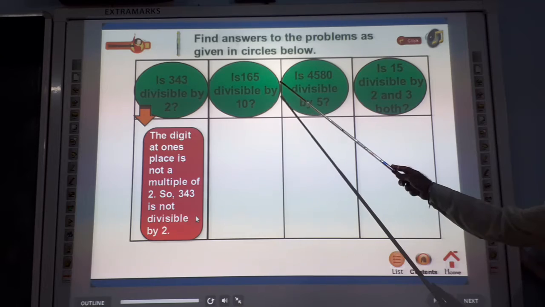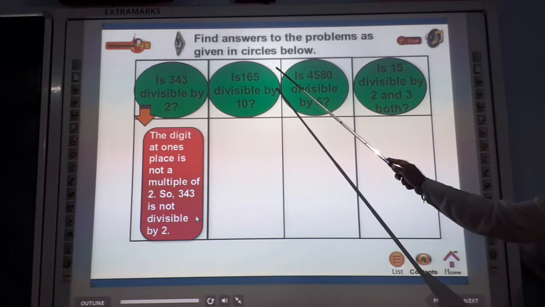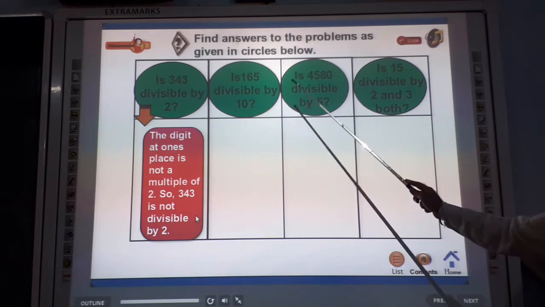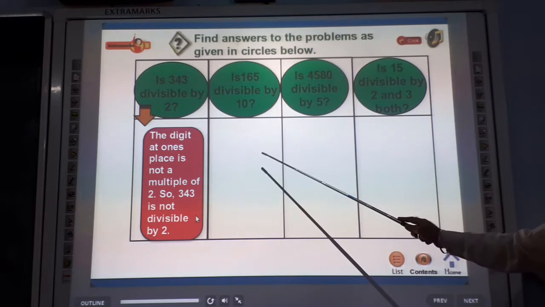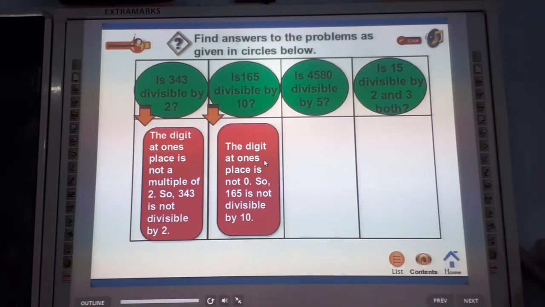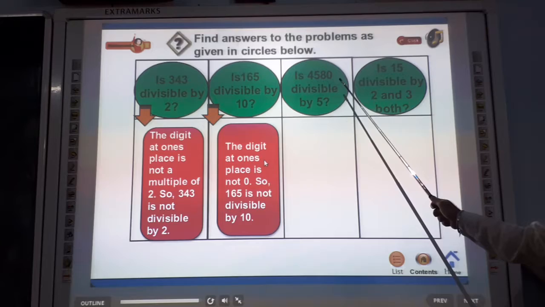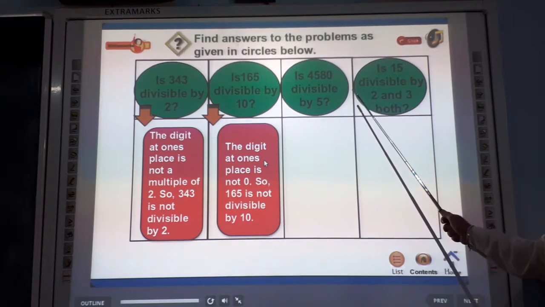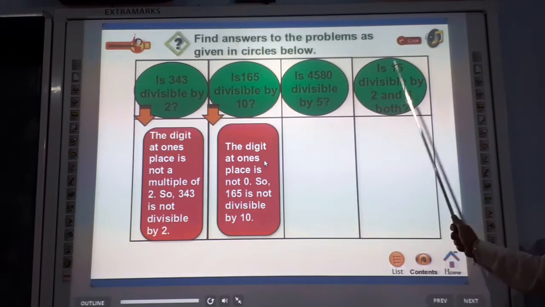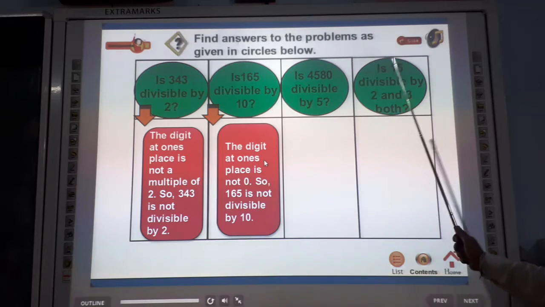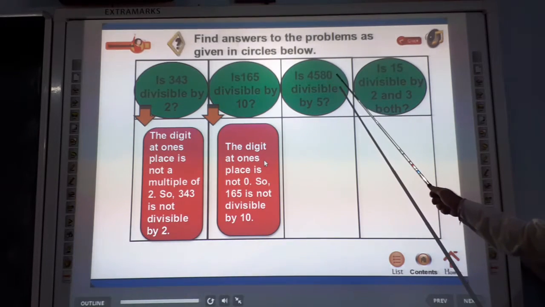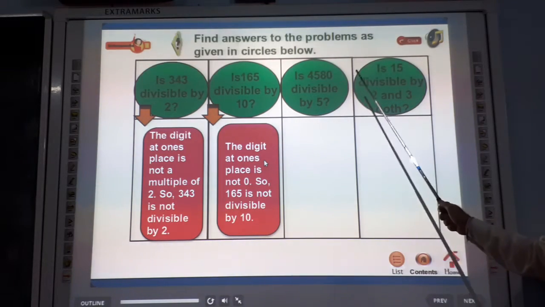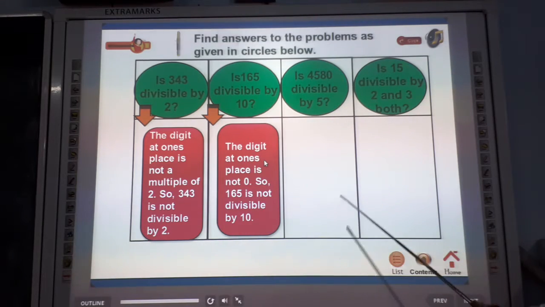Now, 165 divided by 10, the unit place is not 0, so again it is not divisible by 10. Here, 4580, the unit place for divisibility by 5 should be 0 or 5, and here the unit place digit is 0, so it is divisible by 5.